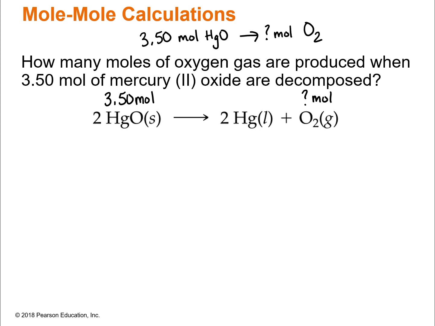To rewrite the question, for these kinds of calculations, we use those mole ratios that I was just showing you how to write. We know how many moles of mercury 2 oxide we have, and we need to figure out how many moles of oxygen gas will be produced. We need to write a mole ratio that relates mercury 2 oxide and oxygen gas. And we just did that.